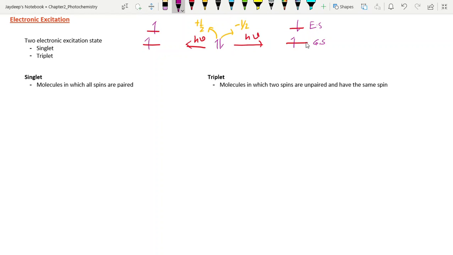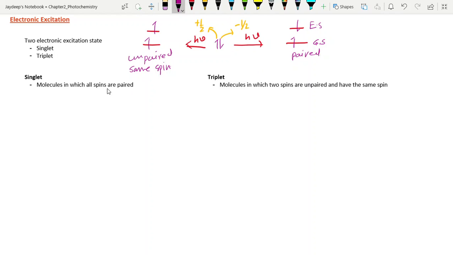So now both electrons have the same spin. So these are unpaired and these are paired. These are paired electrons having different spins, and this is unpaired having the same spin, because you can see both have the same spin, upward direction. Here one is upward and the other is downward.